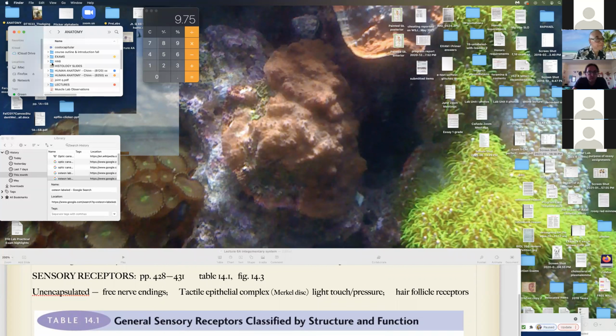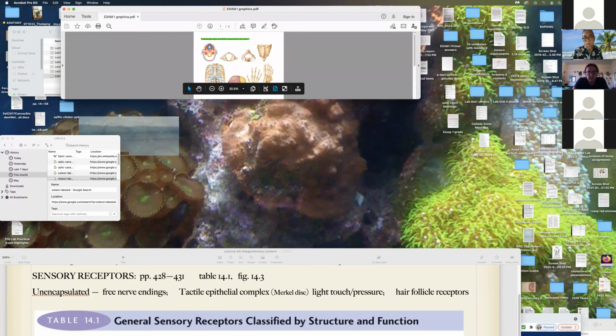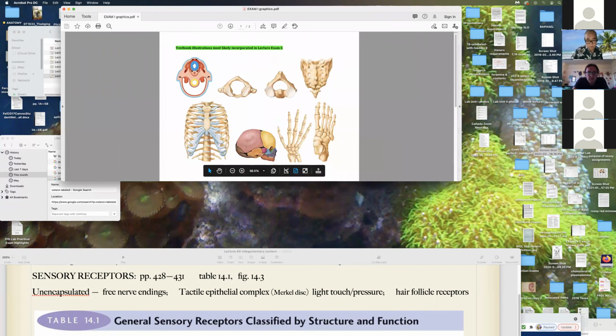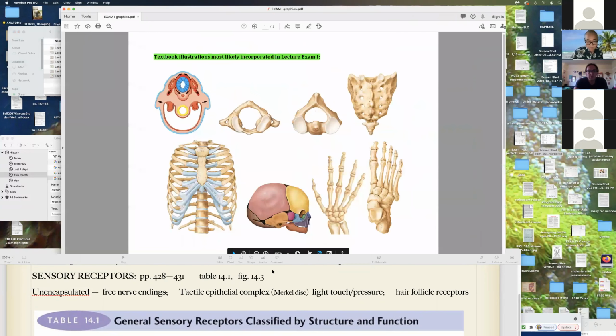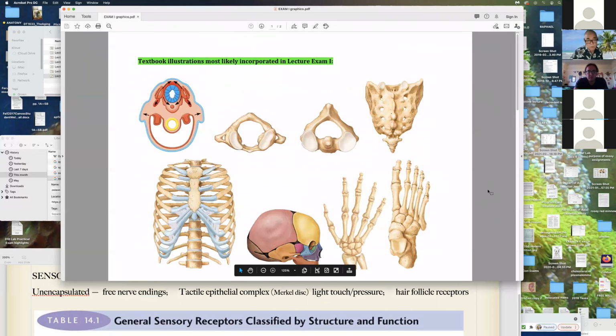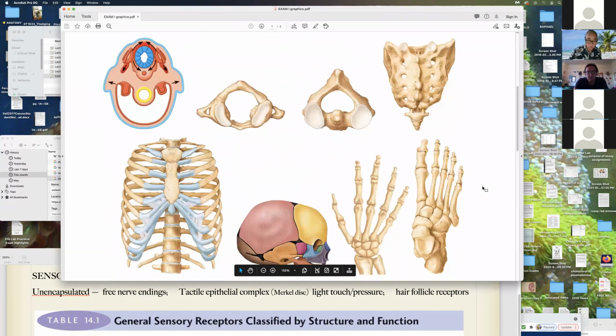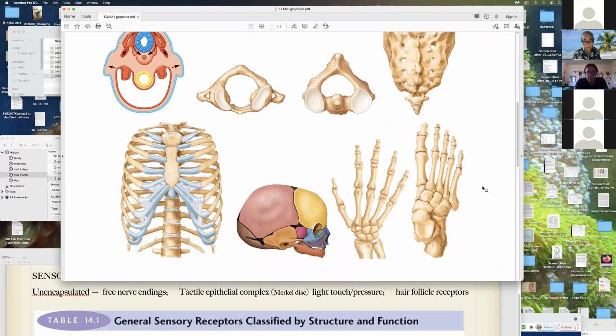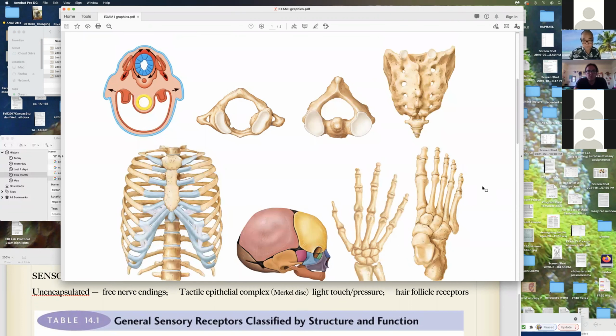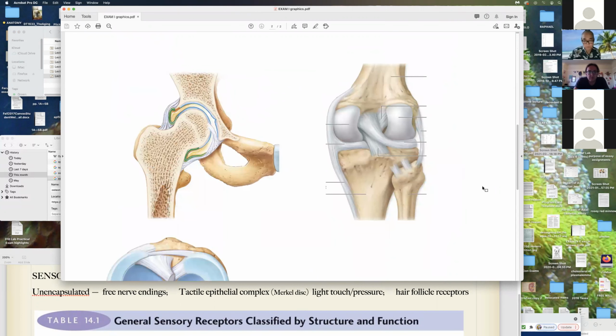Here it is. Make sure you go over these pictures in your textbook. Okay. Thank you. You will see some of them, almost all of them.